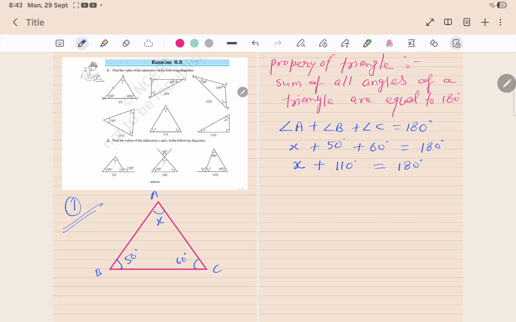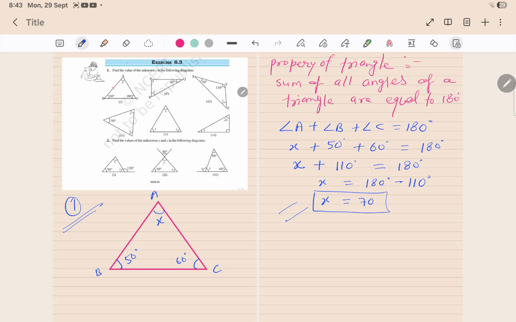So x equals 180 degrees minus 110 degrees, equals 70 degrees. So this is our first answer.